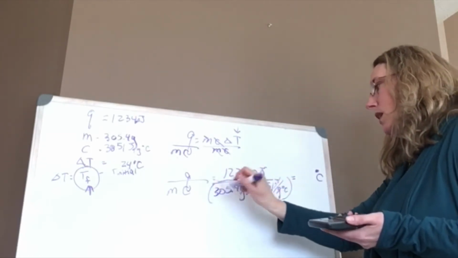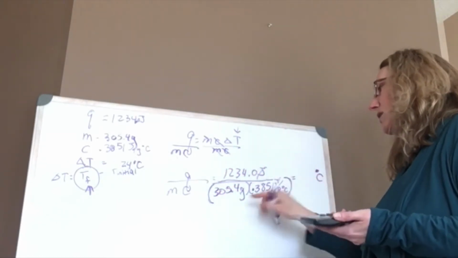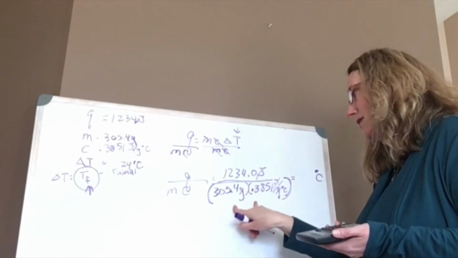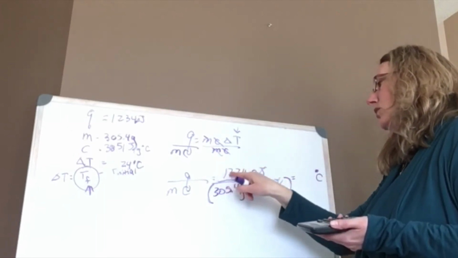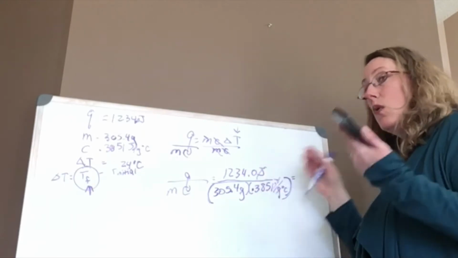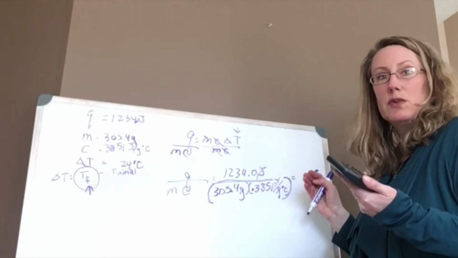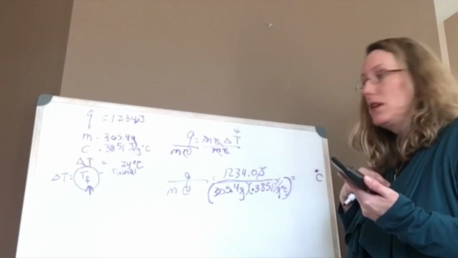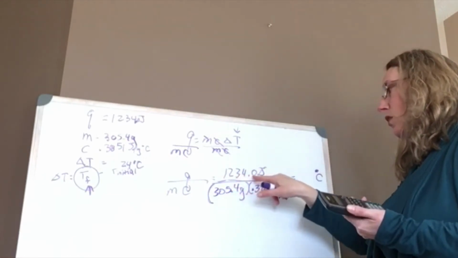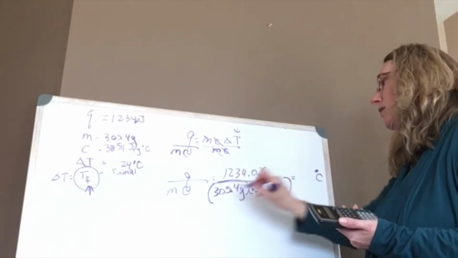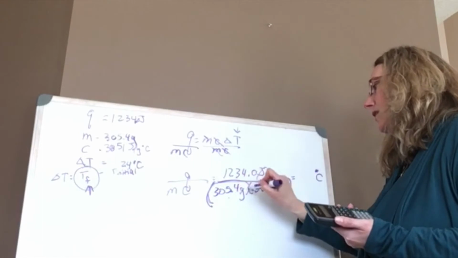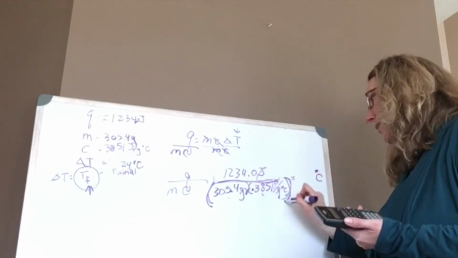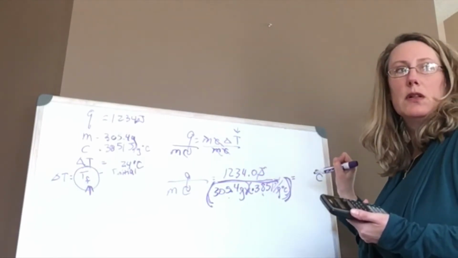So what you might want to do is do this times this first, get an answer, and then do 1,234 divided by that. Or learn how to use your parentheses, which I like to do because I'm super lazy. And I will do 1,234 divided by parentheses, this times this, end parenthesis, then hit equal.